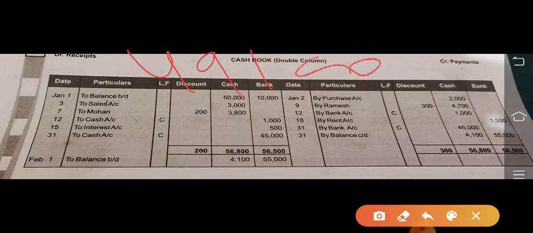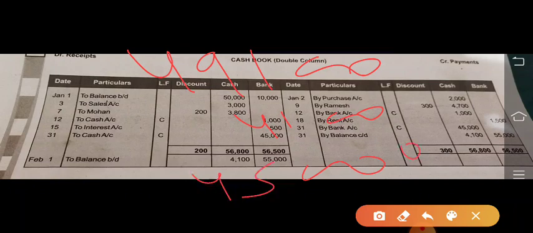But they told us that we have to keep cash of only 4,100. So 49,100 minus 4,100. This is the balance that need to be kept with us. The remaining entire balance need to be deposited with bank. So difference will be 9 minus 4 comes to 5, 45,000.